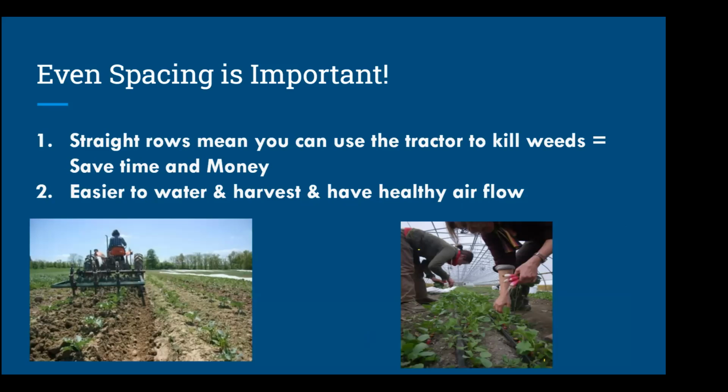Straight rows means that you can use the tractor to kill your weeds, which is really awesome. That can help you save time and money. It will really help if you are going to use the tractor. And it's just easier to water and harvest and have healthy airflow, and also to weed by hand if you are going to be weeding by hand. Easier to have even spacing.